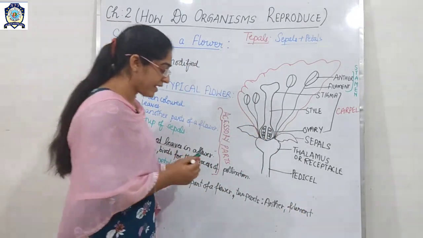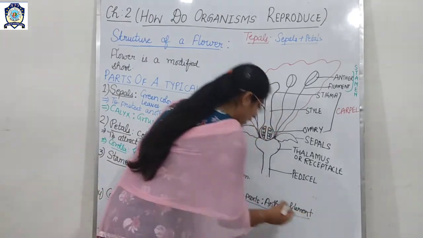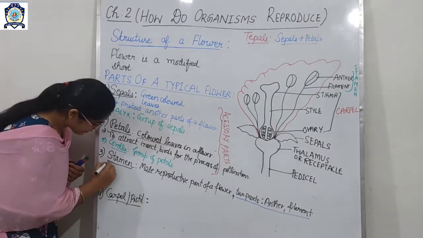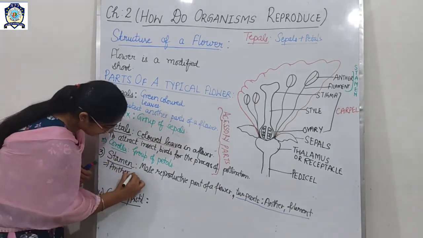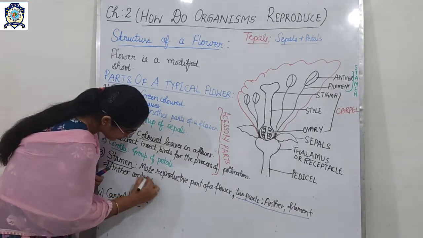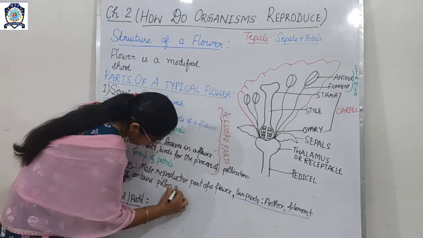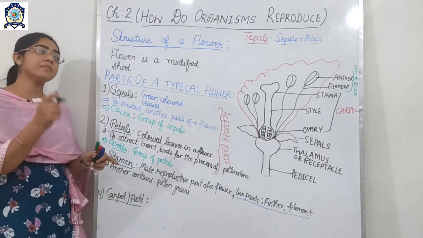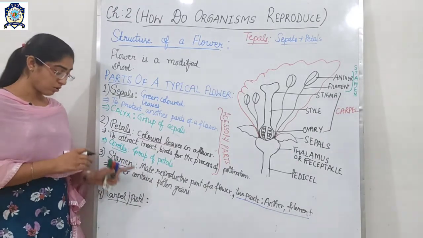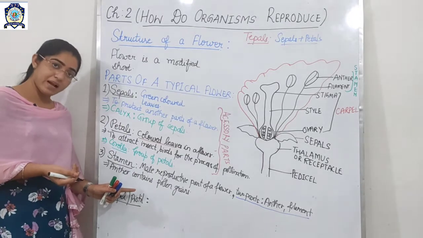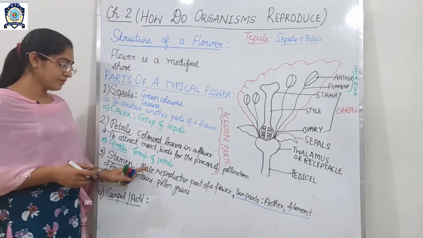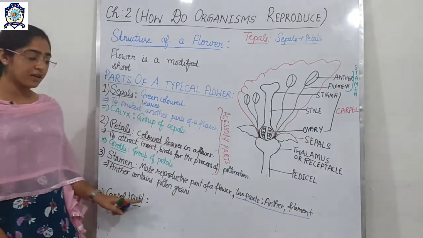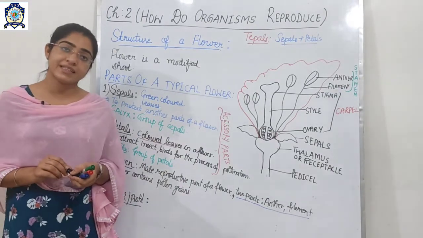Anther and filament, these are the two parts of a stamen. Am I clear? And anther contains pollen grains. Anther contains the pollen grain and filament is like the stalk which holds the anther. Am I clear? So stamen, male reproductive part of a flower. It has two parts, anther and the filament. Anther contains pollen grains in it.